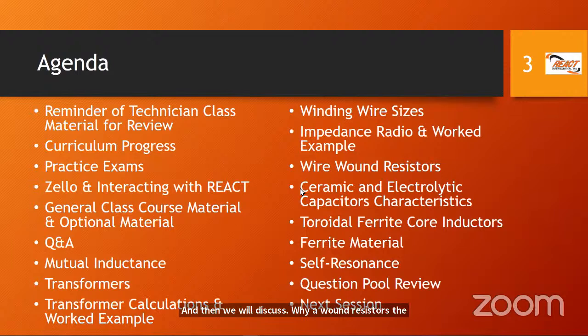And then we go into the different types of capacitors, the characteristics of ceramic and electrolytic capacitors. Then we speak about toroidal ferrite core inductors. We'll discuss what ferrite material is about. And then we will end the technical session with self-resonance. Then we move on to our usual question pool review that covers all of the theory that we would have done this evening and the associated questions.